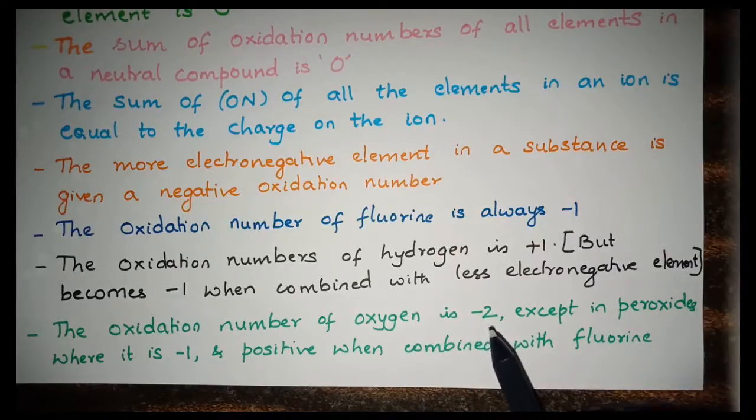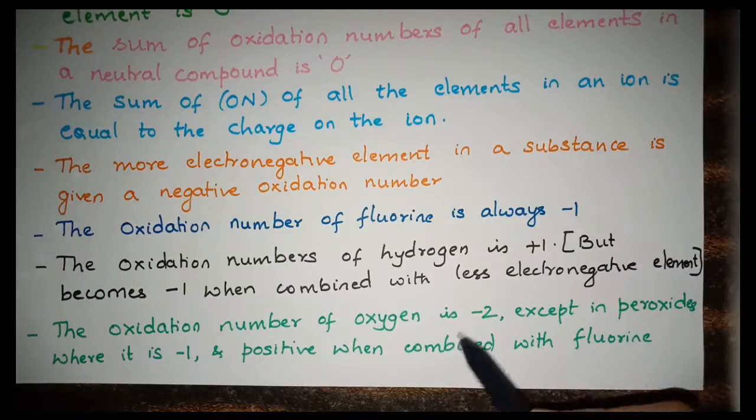However, in peroxides it becomes -1, and if by chance it is combining with fluorine, then oxygen's oxidation number will be positive. That is because fluorine has a higher electronegativity, right?